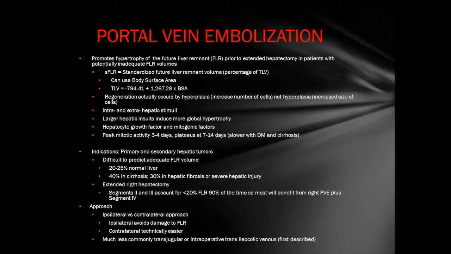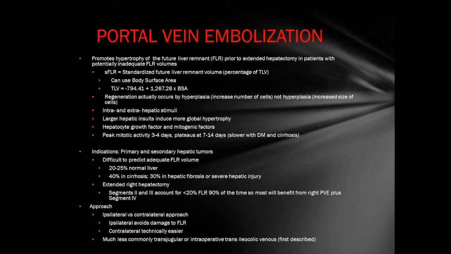Again, we talked a little bit about the approaches, quickly the pros and cons. The ipsilateral approach avoids damage to the future liver remnant, so you're not percutaneously sticking the future liver remnant that you're leaving behind and potentially injuring that portion of the liver, which you're trying to actually promote to hypertrophy. However, the contralateral approach is technically easier to perform.